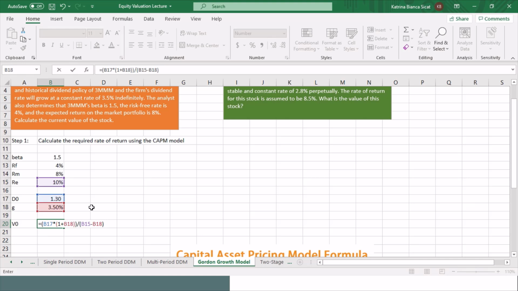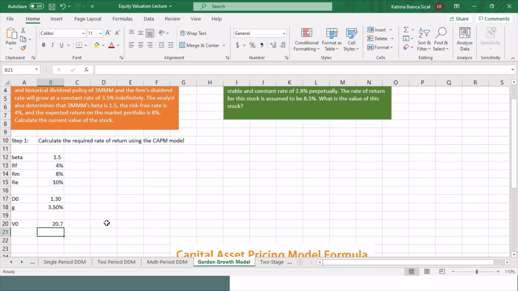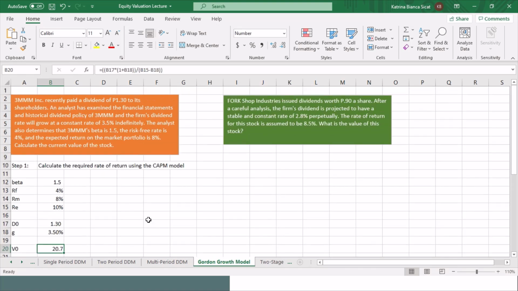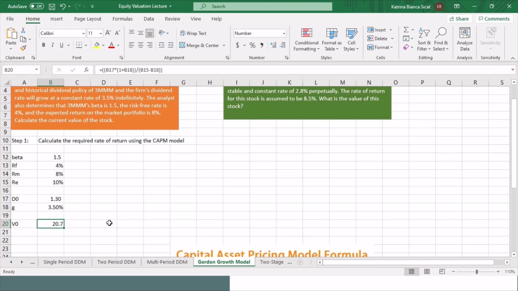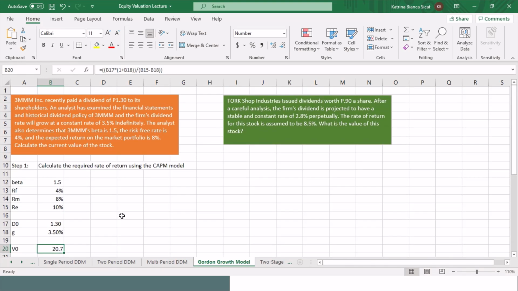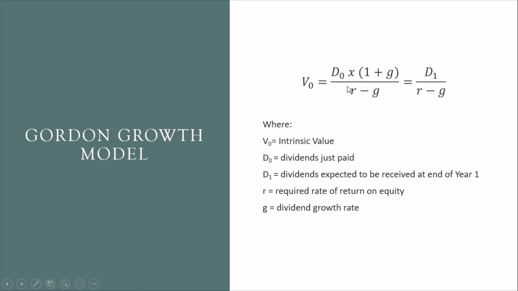Okay. So, para lang sure ako, since fraction siya, gagawin ko, papaluputin ko pa siya ng isa pang parenthesis dito. Ayan. So, parang buo siyang operation yan. So, the answer is 20.7. Okay? If my computation is incorrect, please let me know. Kung gumagamit ka ng calculator ngayon. But let's double check if my answer is correct.